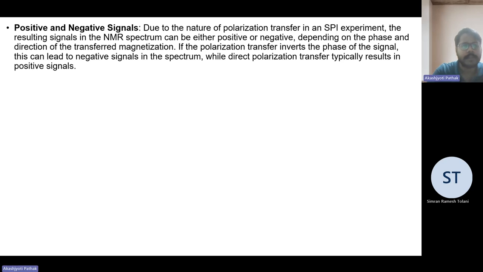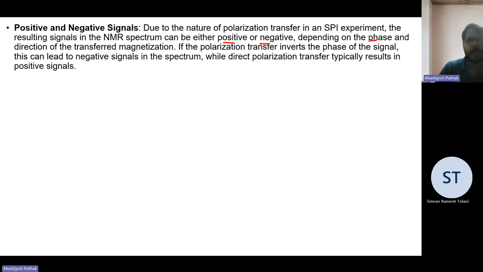So what are these positive and negative signals? There will be positive and negative signals because of the differential transfer of the polarization. Due to the nature of the differential polarization transfer in this experiment, the resulting signals in the NMR spectrum can be either positive or negative, depending on the phase of the signal of the donor.